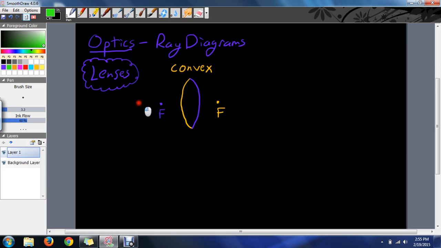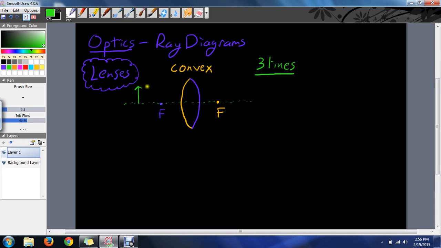So if we have our object here, once again we draw the object from the middle line, the meridian. And let's see what image we get. Once again, we want to draw 3 lines.